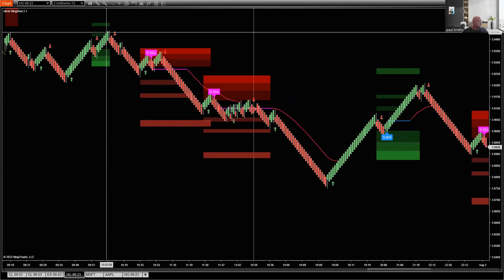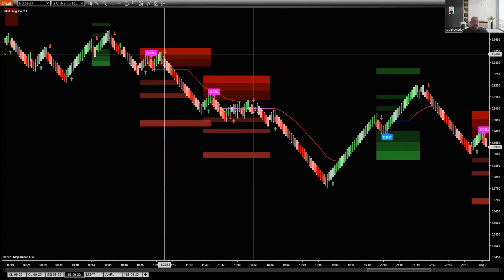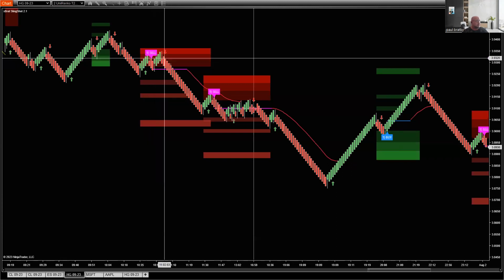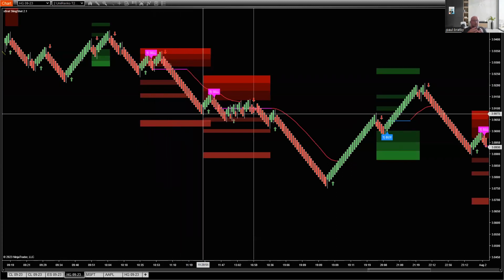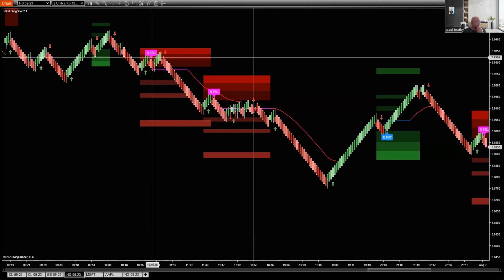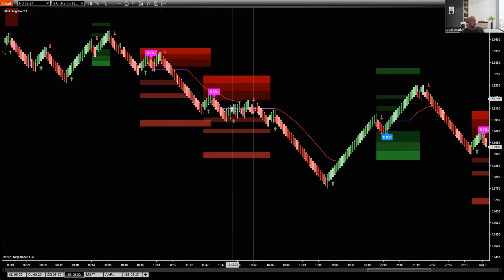We get a move down, we get a pullback, we get crosses of certain points of control. When that happens in a certain order, we get a type 1 sell after the pullback into the pullback zone, and we go on. So it combines those pullback zones and those points of control. It gives us that type 1 sell. Again, we move down, we come back up, trigger the pullback zone, and trigger another type 1 sell.